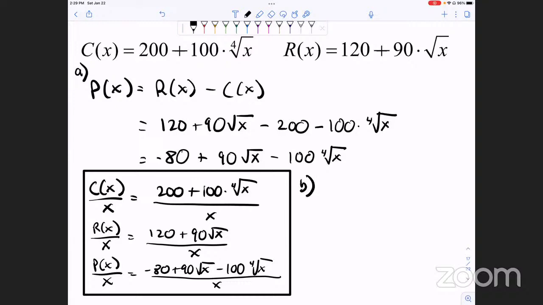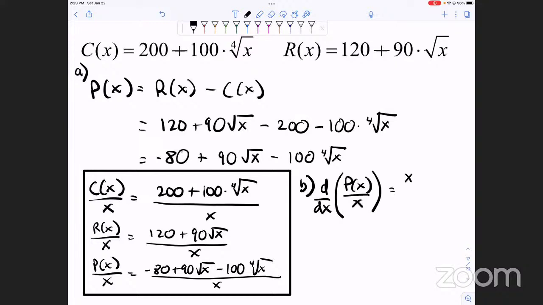So we basically want to do d by dx of this P of x over x. Low, d high. Derivative of our profit function.